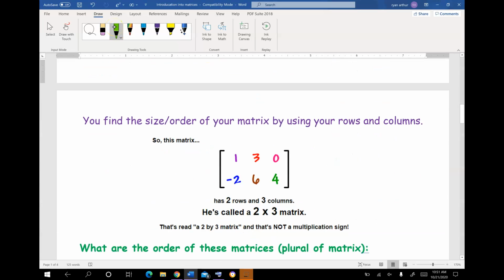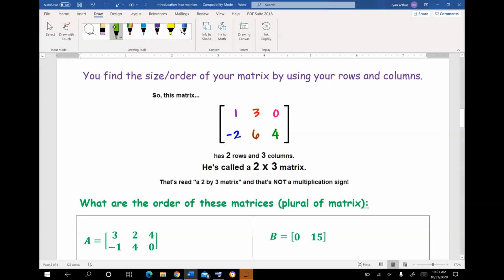All right. Now, you find the size or order. Delta Math uses the word order. You can use either one, all right? But when Delta Math asks you the order, it's asking you just the dimensions. That is all that means. So size and order just means the dimensions of the matrix. Okay?